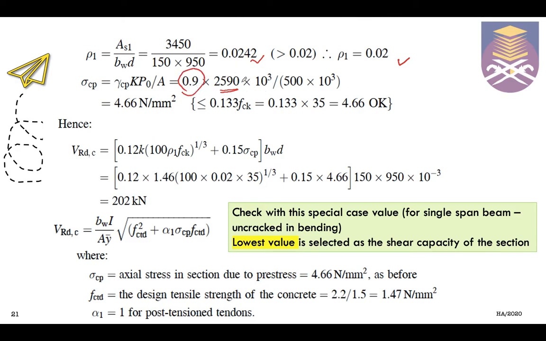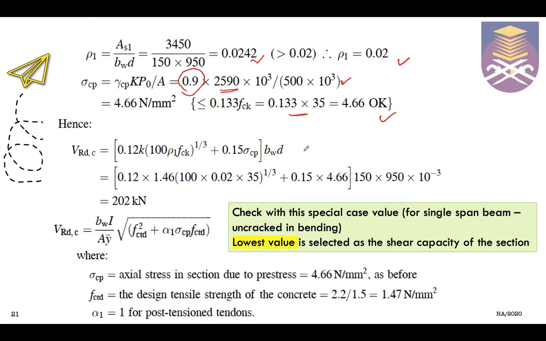So 0.9 times 2,590, then divide by the area of our concrete section. So we have here 4.66. Compare 4.66 with the value of 0.133 times 35. We need to calculate this as well, and therefore we are going to use 4.66 in the equation.